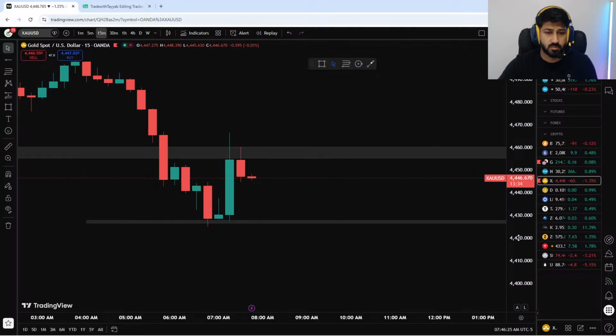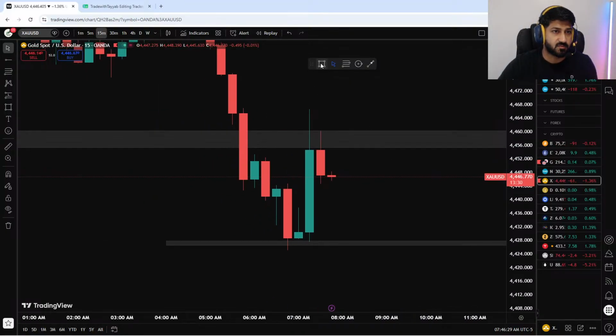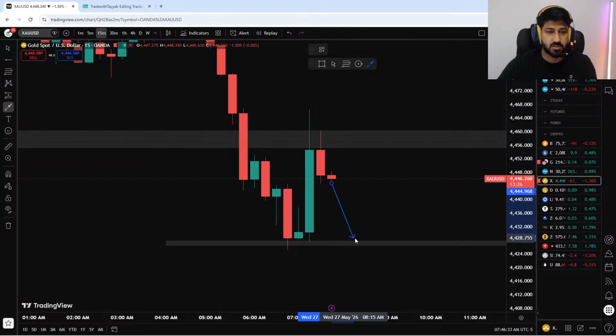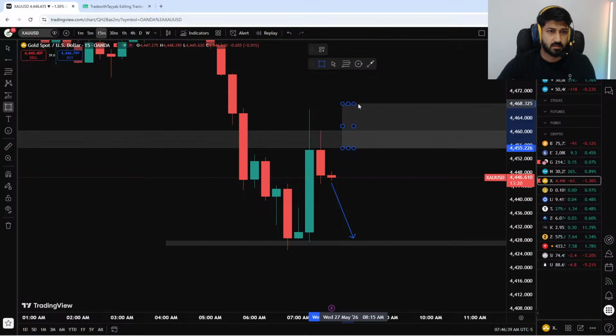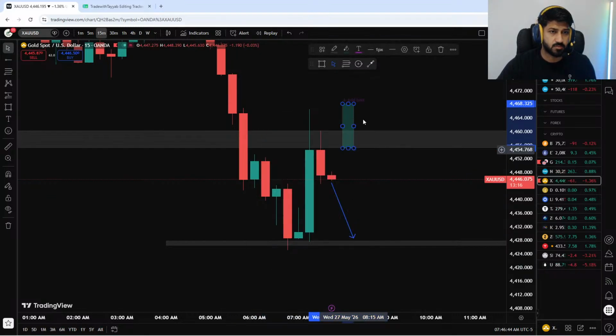So what I would be looking for to trade is for either price to break and continue to push down, or for something like this where price can continue to push up. So it will be a break and close above.